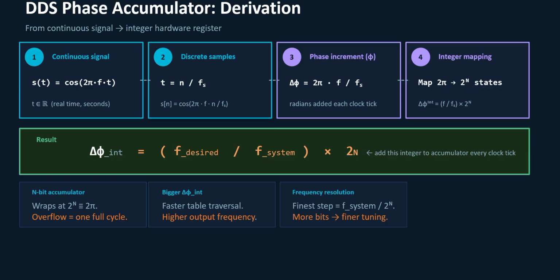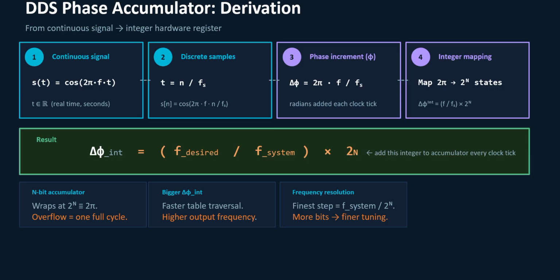Let's say the phase turns out to be 0, then the cosine of 0 is 1. If the phase turns out to be pi, that's going to be -1, and so on. For every phase, you get an amplitude value that represents that phase. That's what I want to say here.